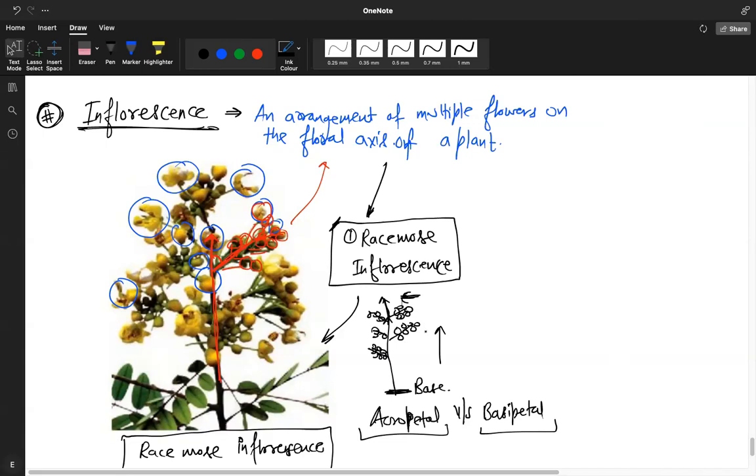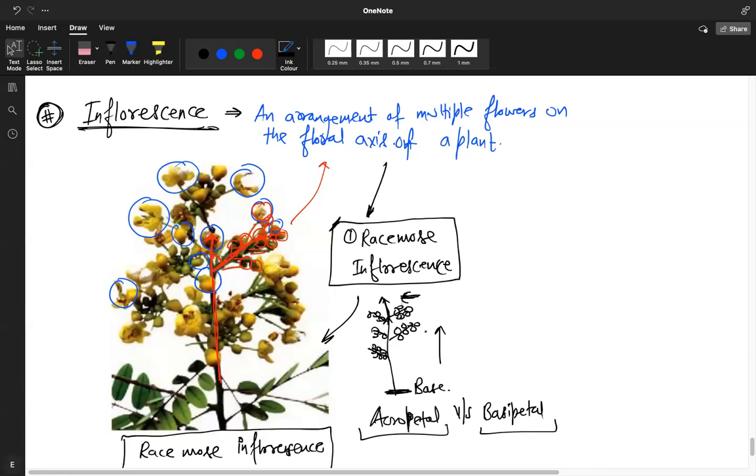The new things are forming towards the top. Basipetal is when the growth is happening in one direction, but the new synthesis is happening towards the base from where it is growing, in the opposite direction of the growth.